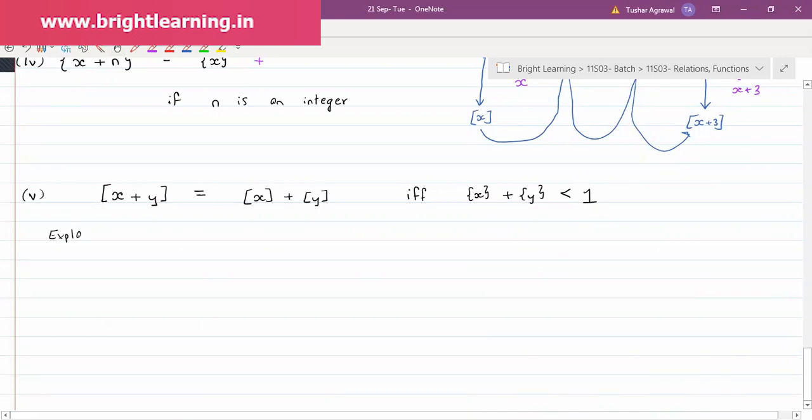Explanation. This explanation is very easy. You can think of this in the form of a carry forward. While doing additions, if I tell you 17.2 and let's say 5.7, this is my x plus y.